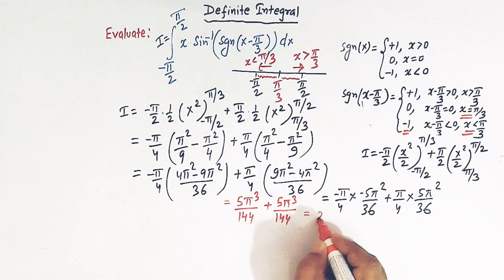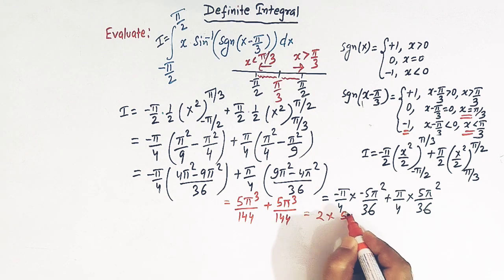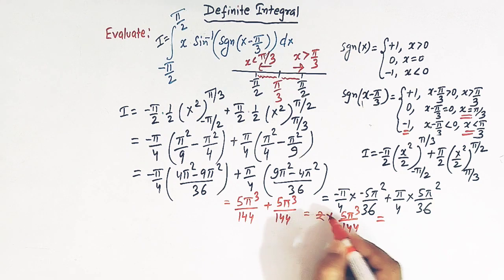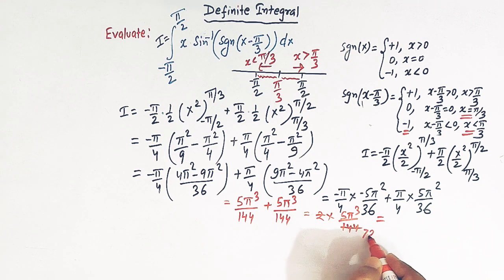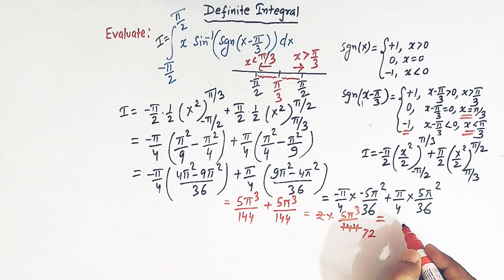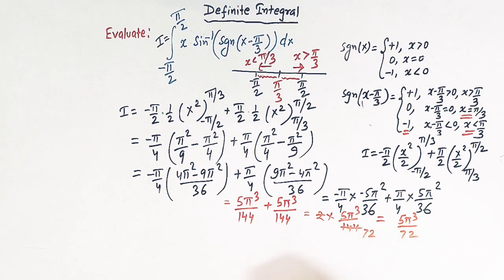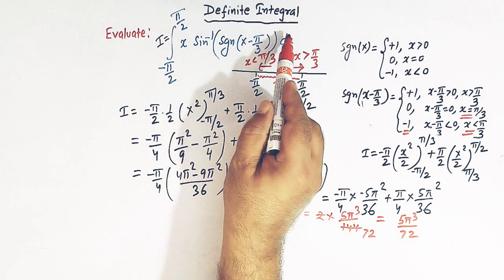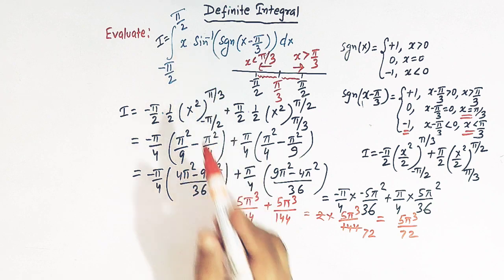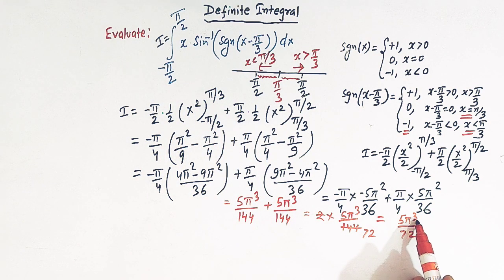So this is 2 times 5 pi cube over 144, so this is 5 pi cube over 72, right? So viewers, the value of this integral is 5 pi cube over 72, right?